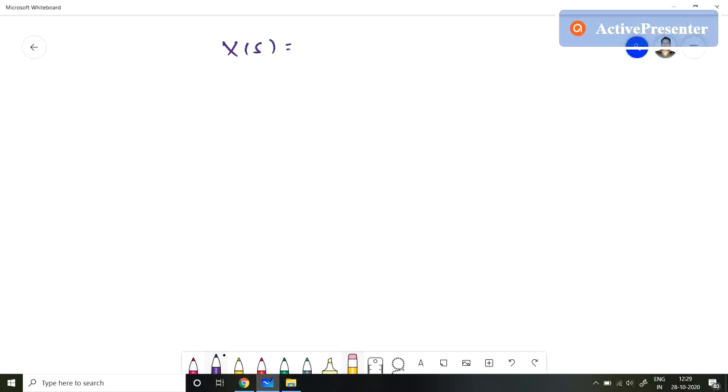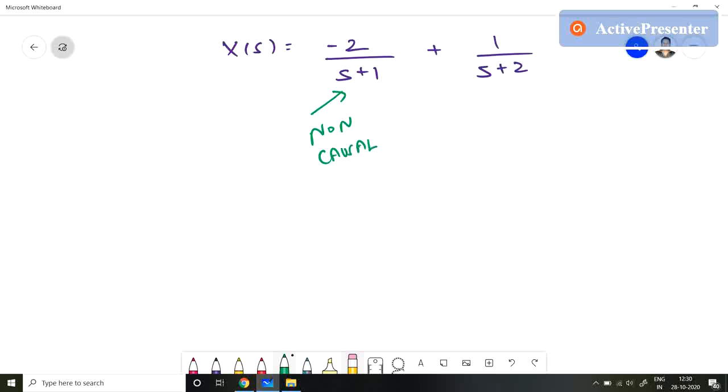So X(s) is given as minus 2 divided by s plus 1 plus 1 divided by s minus 2. Let us consider that this is non-causal, and this is also non-causal.